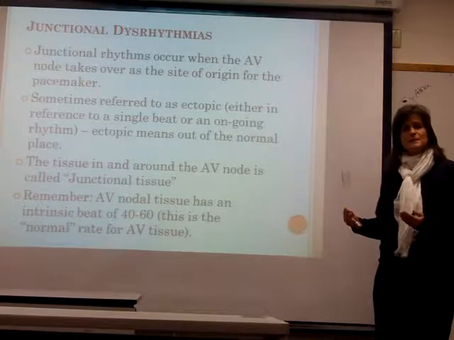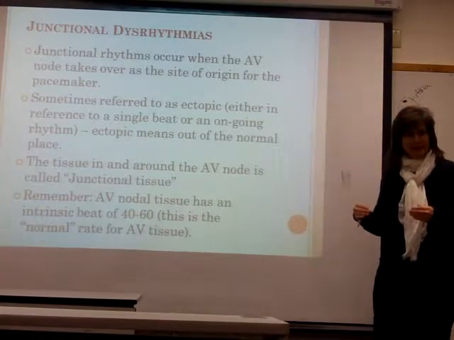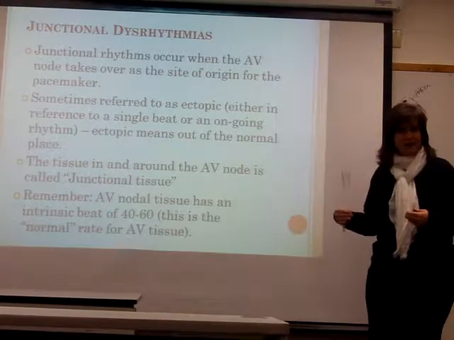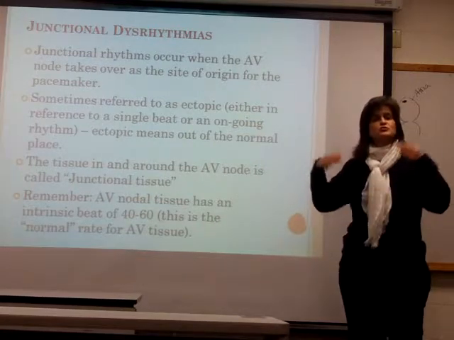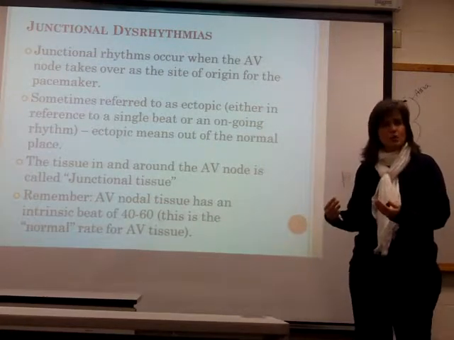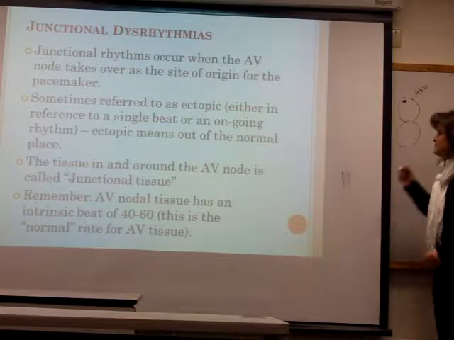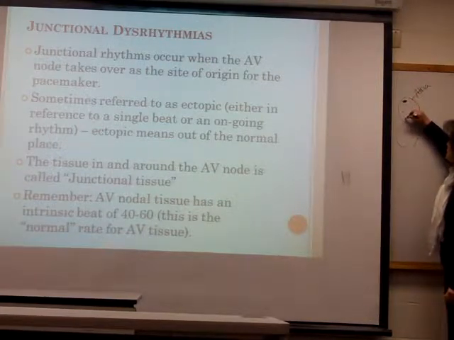The beautiful thing about the heart is there are multiple backups, and you have backups to the backups to try to get that heart to beat itself, cause it its own automaticity. The second backup is for the internodal trackways to start being the pacemaker.